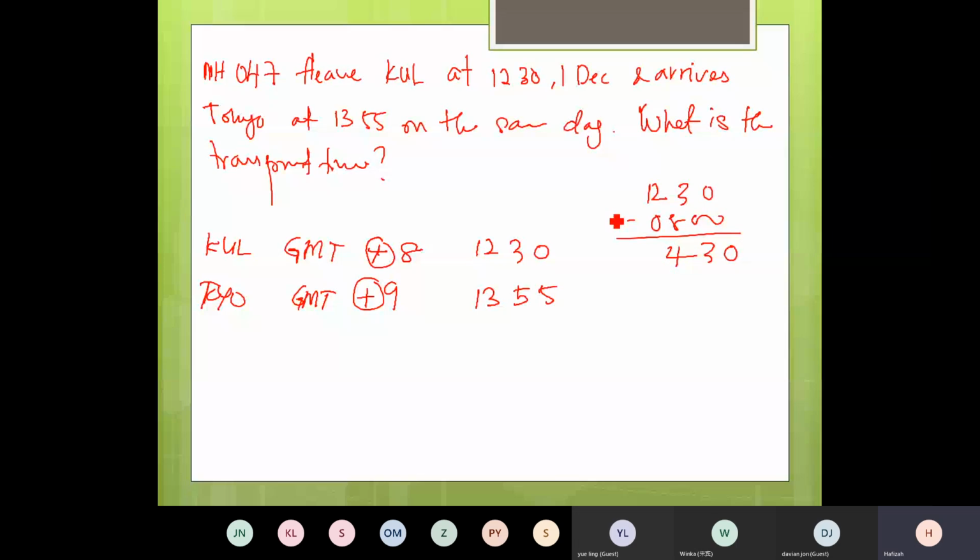And then 13:55 you should minus 9 hours. Okay, correct. So which one is the arrival and which one is the departure? Tokyo is the arrival.